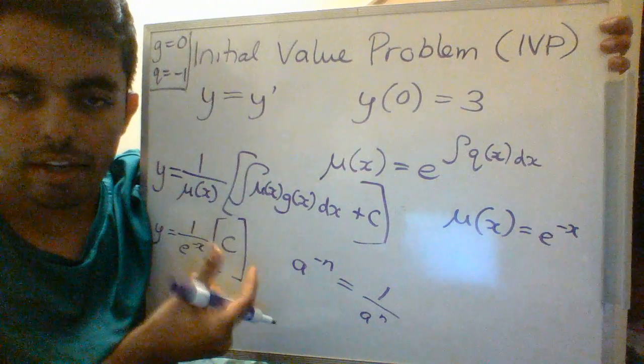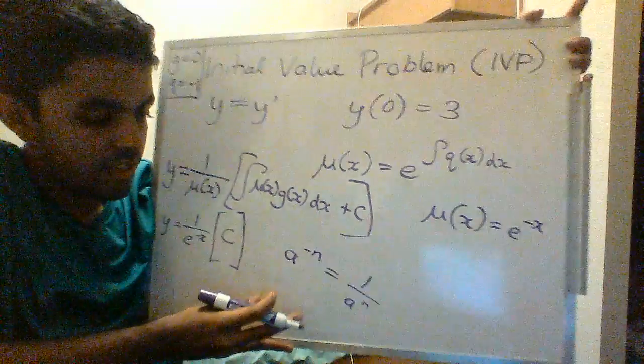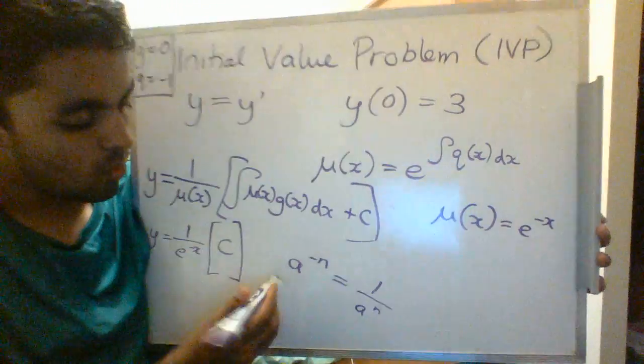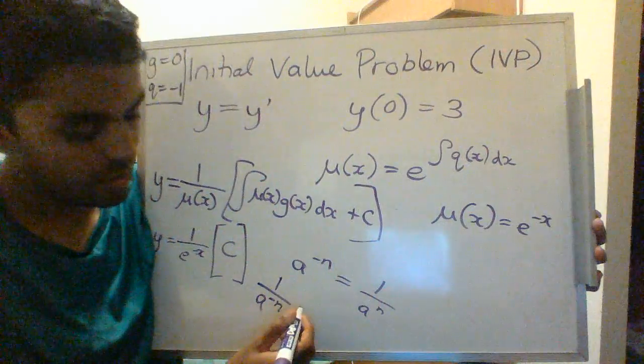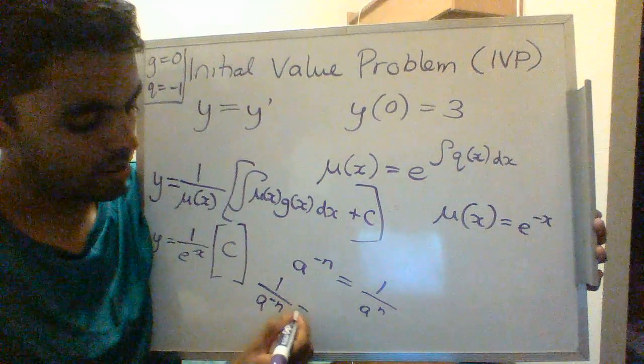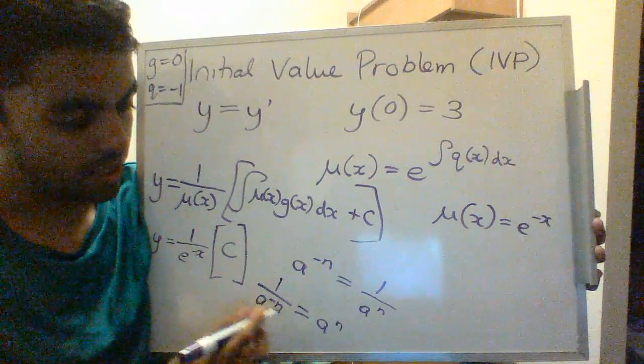Alright, so that's how the exponent law that we're working with here actually works. Similarly, 1 over a to the negative n follows the same pattern, and it's the same thing as a to the positive n in the numerator.